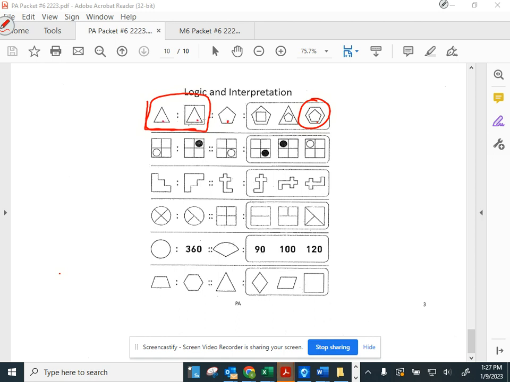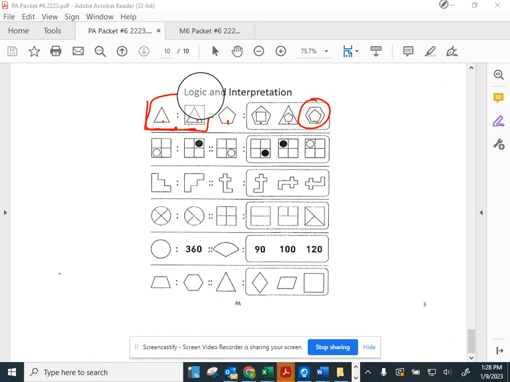So if we look, 5-sided figure inside what? We have a triangle inside the square. So my pentagon has to be inside. This one, the pentagon's not inside. This one, the pentagon's not inside. This one, that pentagon is inside the hexagon. So you have to see what the pattern is on this side and say, okay, now I need to follow that same kind of pattern to see what my answer is going to be.